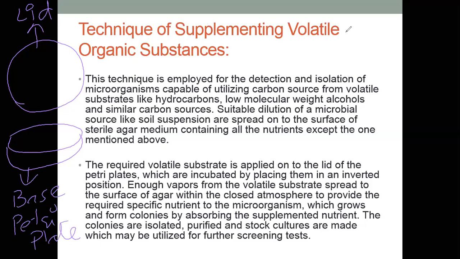So now you would take your sample and you're going to spread the sample here, in a very light color, on your plate. So this is your test sample on the Petri plate here.